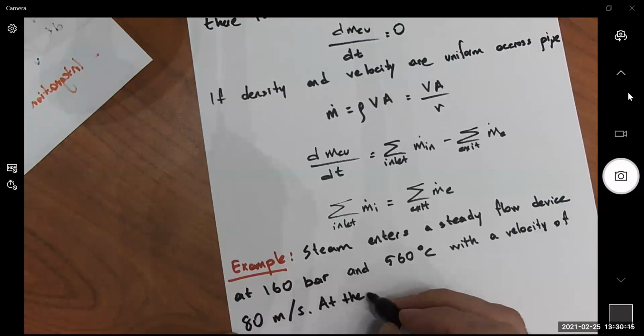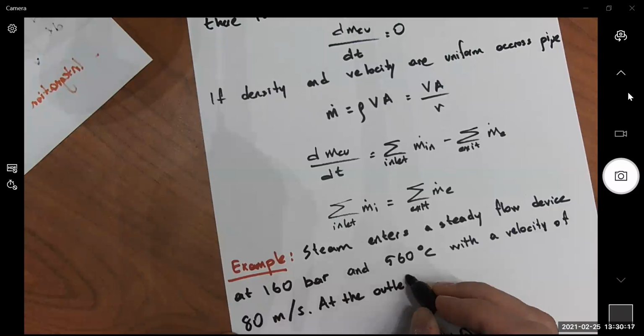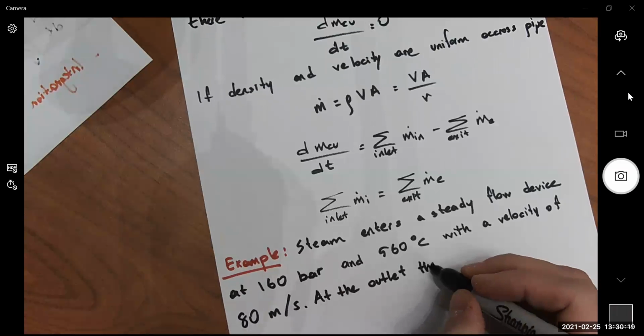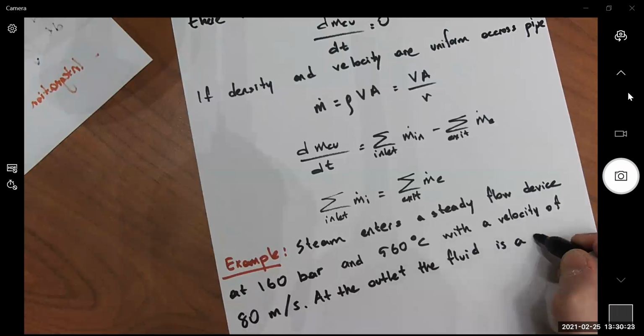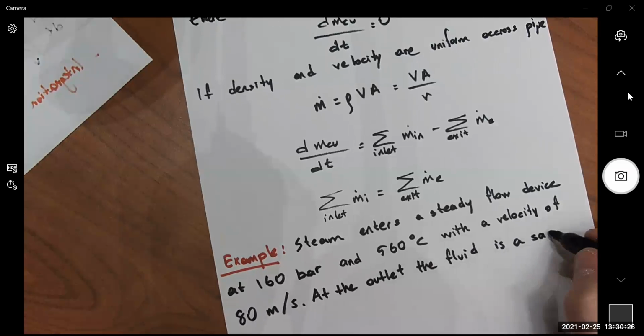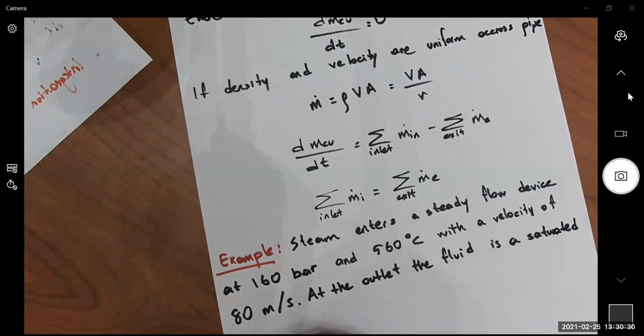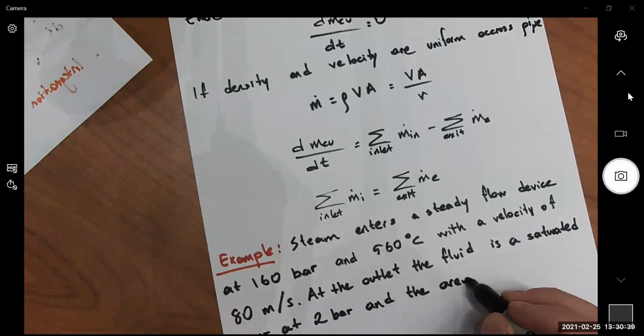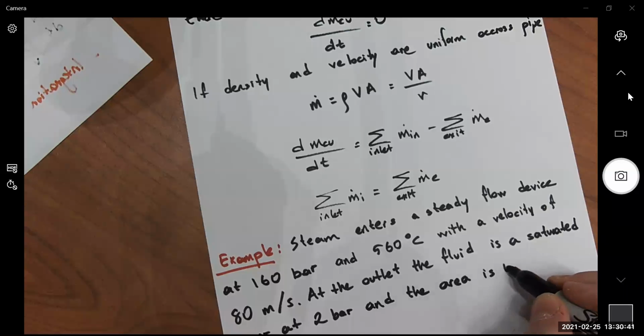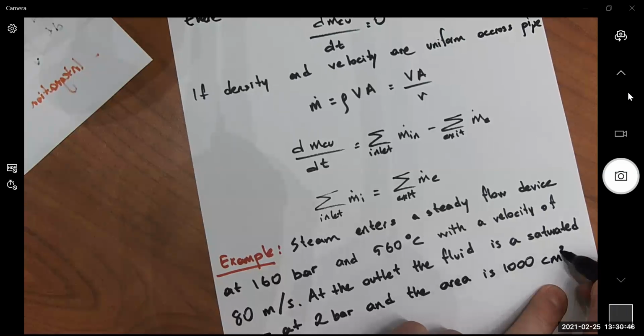At the outlet, the fluid is a saturated vapor at 2 bar, and the area is 1,000 centimeters squared.